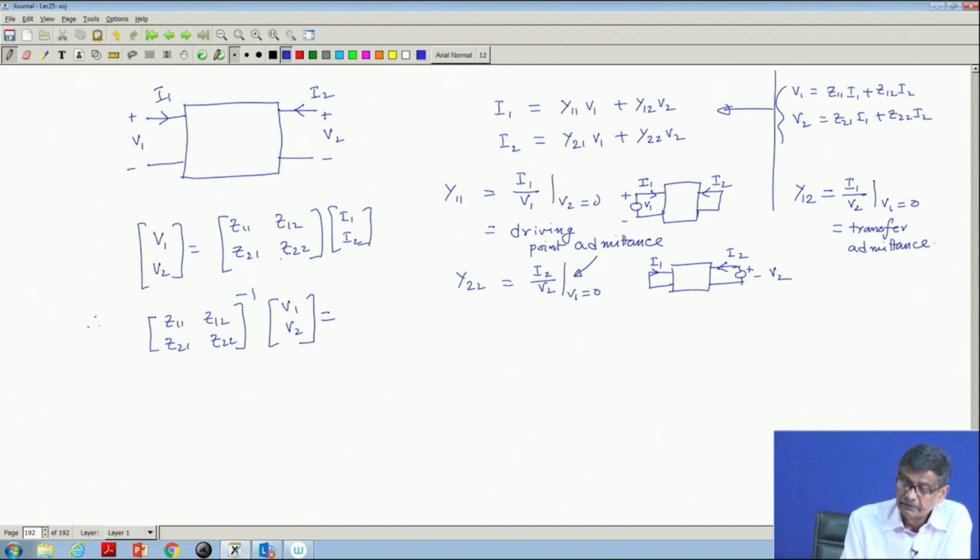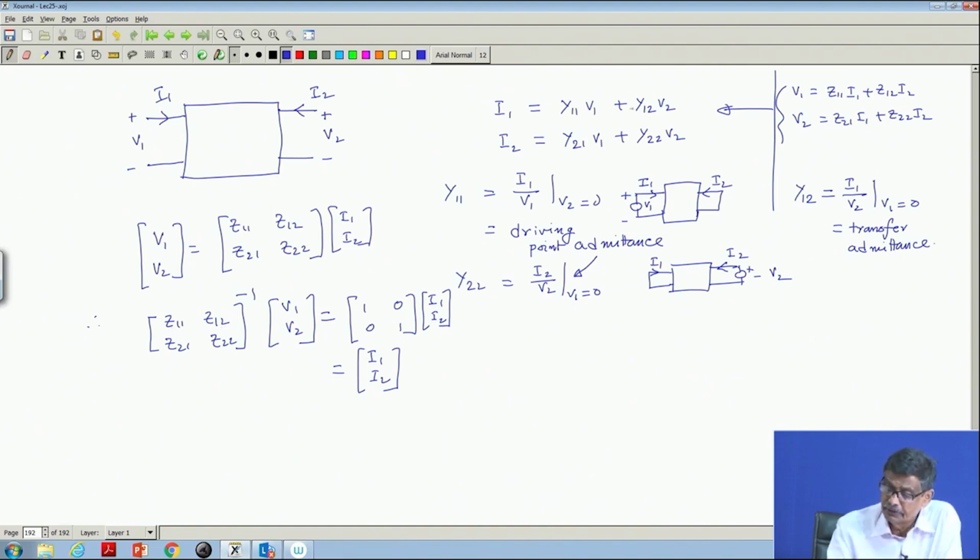Then this Z inverse and this Z will become an identity matrix, a 2 by 2 diagonal matrix, 1 0 0 1, and this will become I1 I2, isn't it? And this is nothing but I1 and I2. Therefore, the coefficients of this Z inverse are nothing but this Y11, etc. You know that the inverse of a 2 by 2 matrix is very easy to calculate.